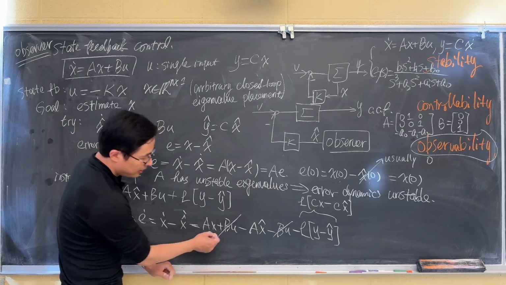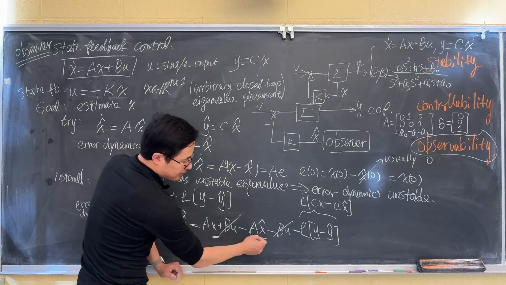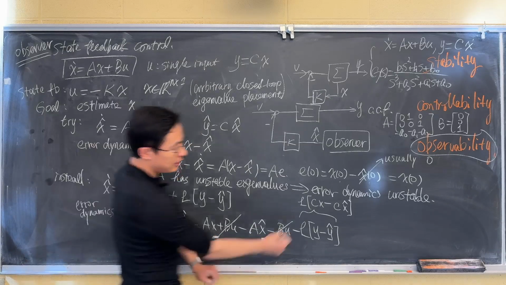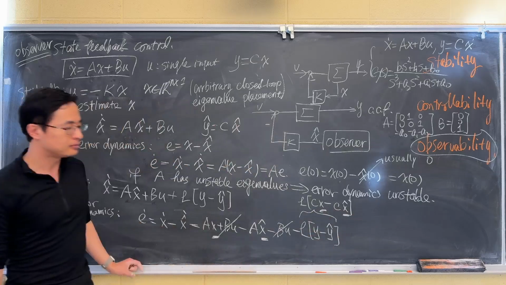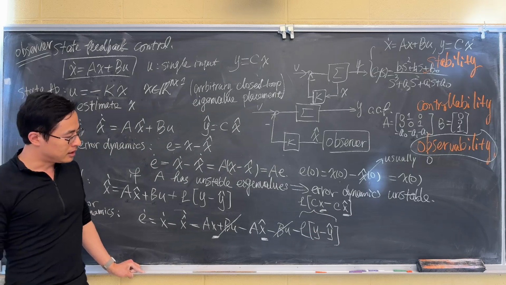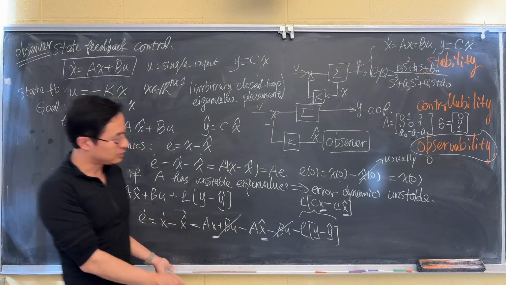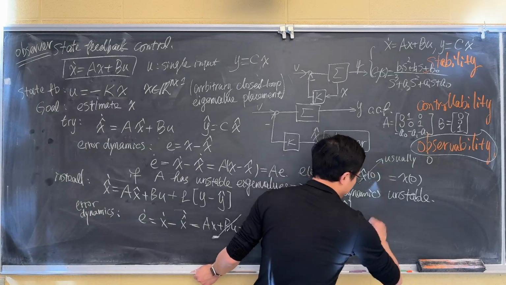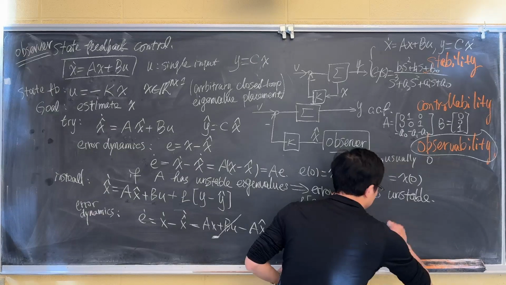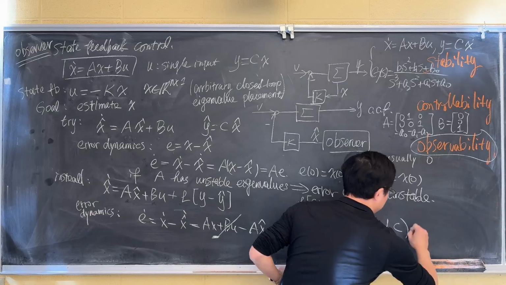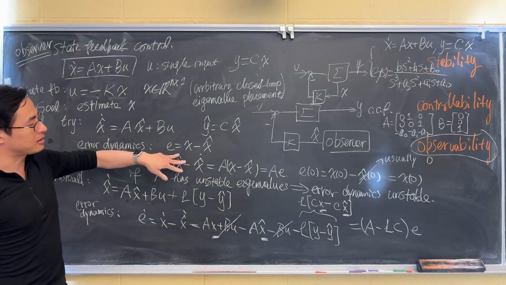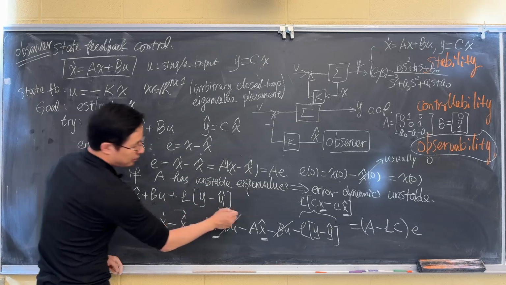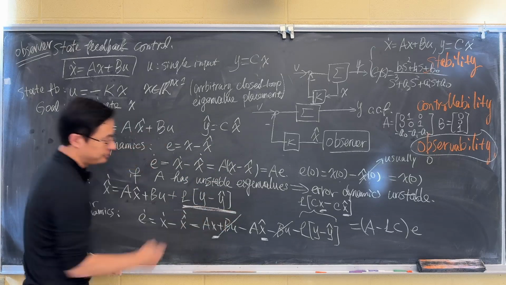So you have x minus x hat, and you have x minus x hat. So you can combine things, and then in the end, you're going to have A minus LC, that is the updated dynamics if you choose to include this correction term.